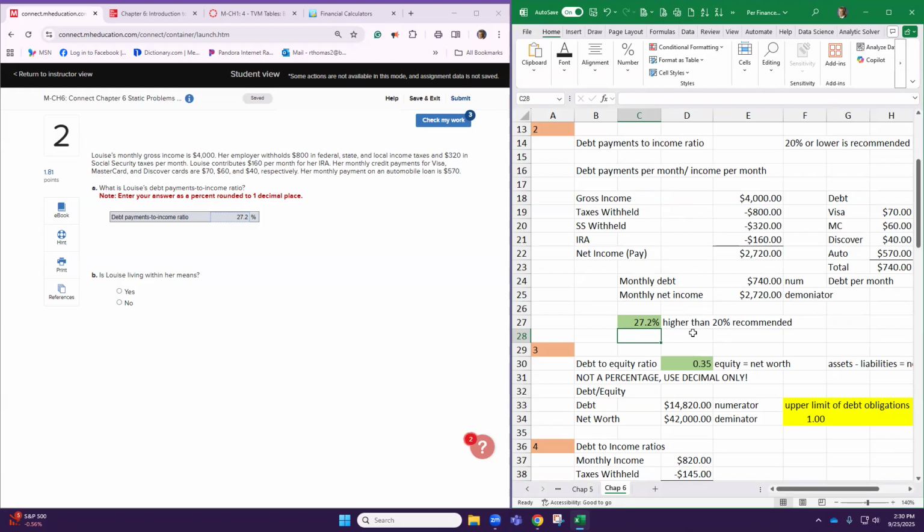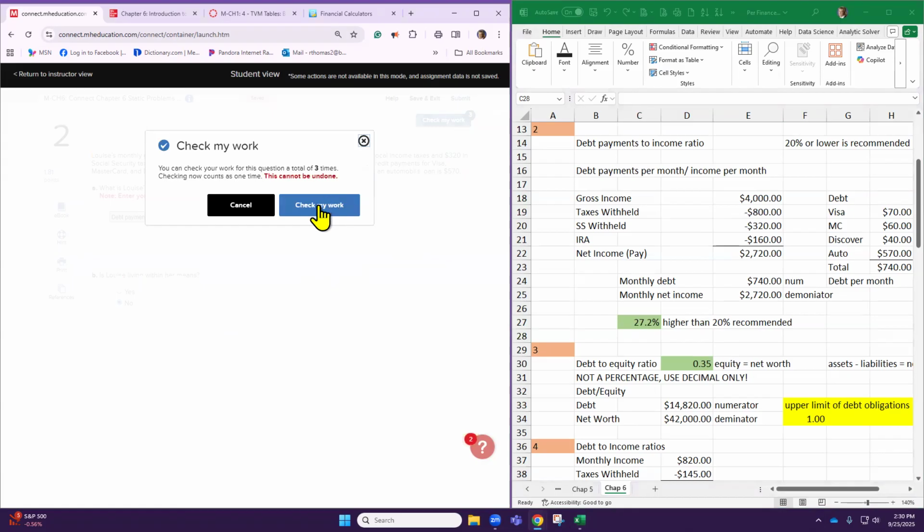That's more than a quarter. The book says the ideal amount to stay under is 20%, so according to the book, she's not living within her means.